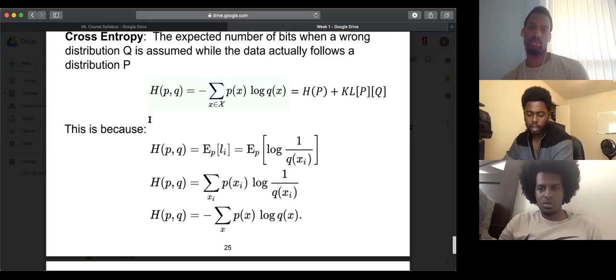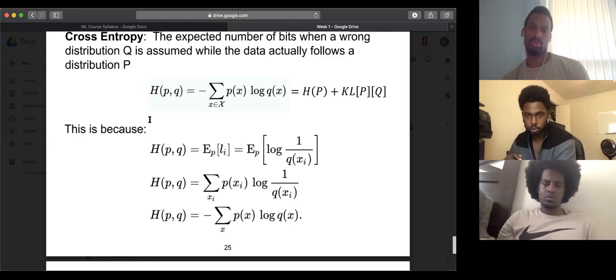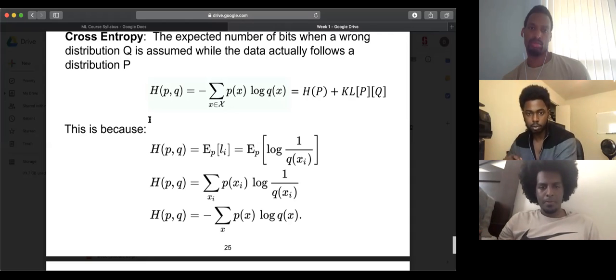I think Li is the minimum length of information, or the optimal length of information needed to describe your new distribution Q. I think it has less to do with the actual distribution and more to do with the amount of information needed to describe it, where L represents the length.